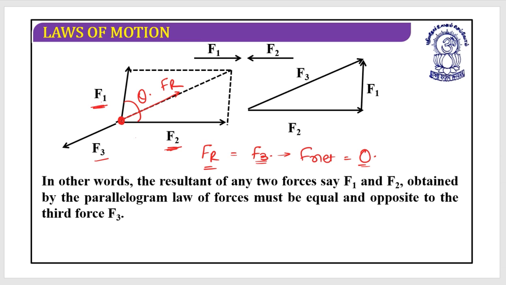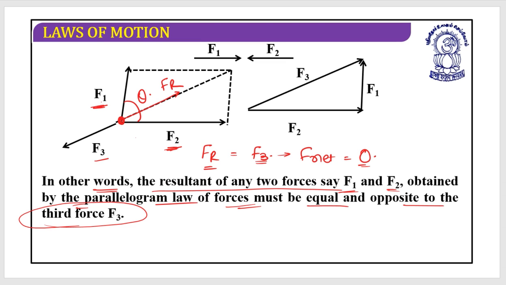Is it clear? So in other words, the resultant of any two forces, say F1 and F2, obtained by the parallelogram law of forces, must be equal and opposite to the third force, F3. If I can do this, my particle could be at rest and in equilibrium.